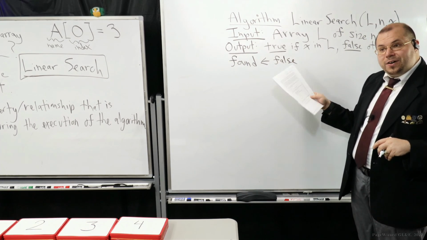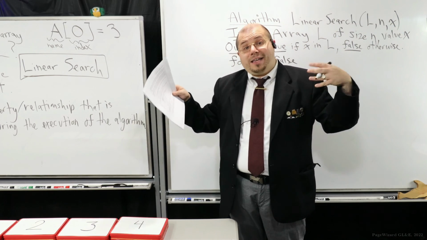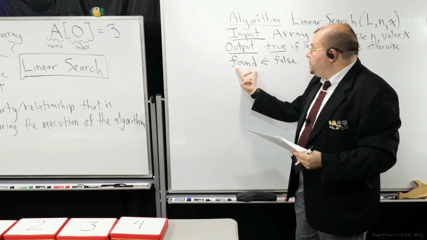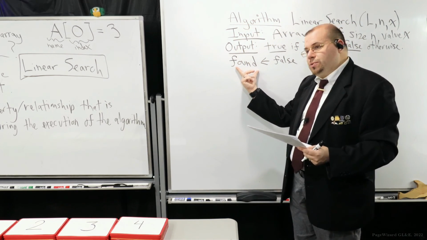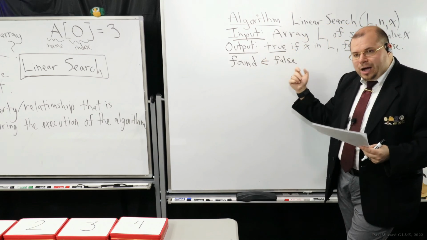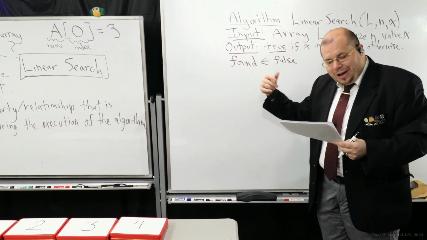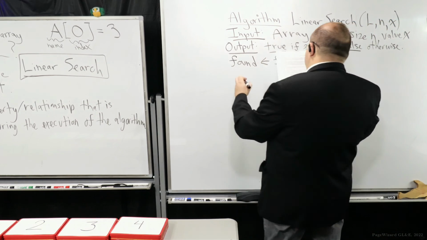It's going to be set to false, because I want to just presume it's not there yet. If I encounter it, I'm going to flip this to true. So if I can change this to true, that means that I've encountered x somewhere. And then when I'm done, I'm going to return if I found it or not. See, it's pretty logical, right?